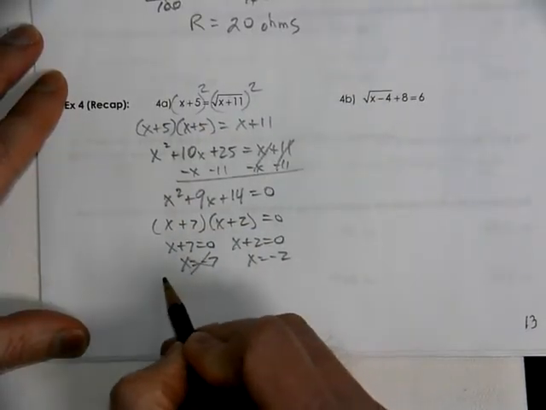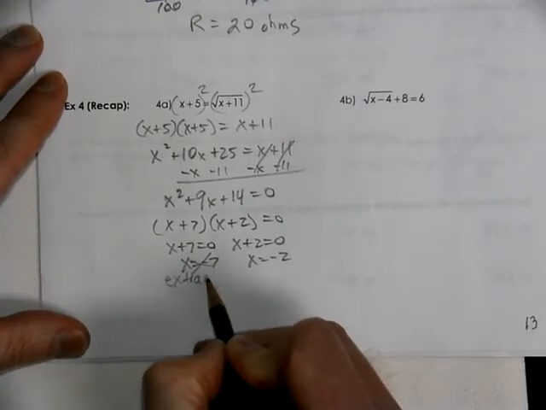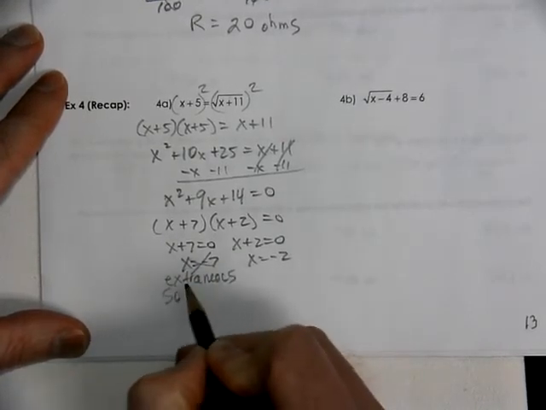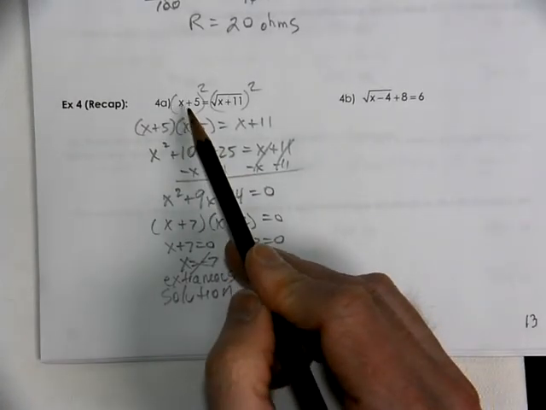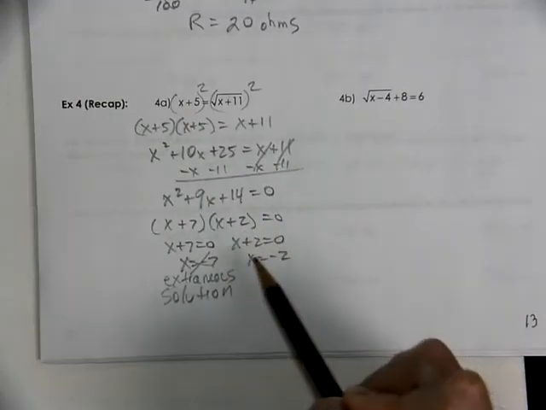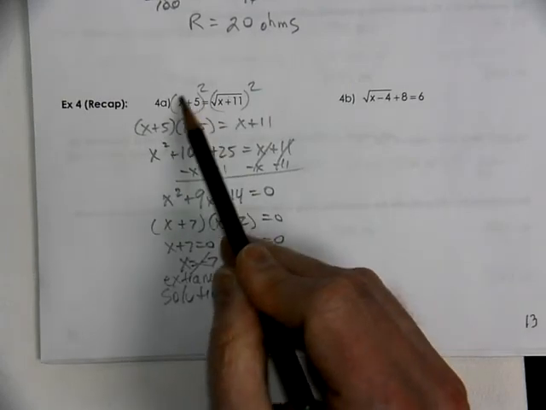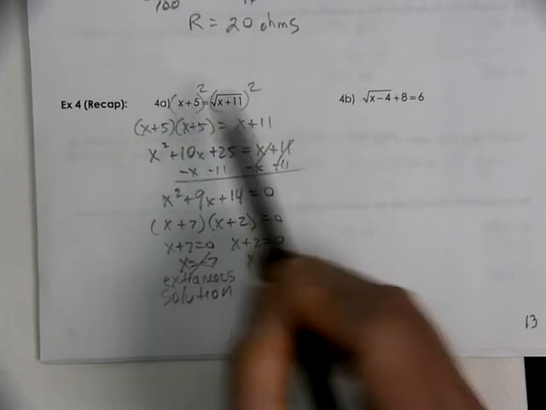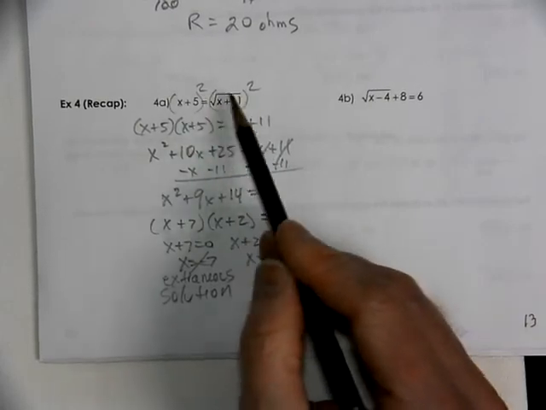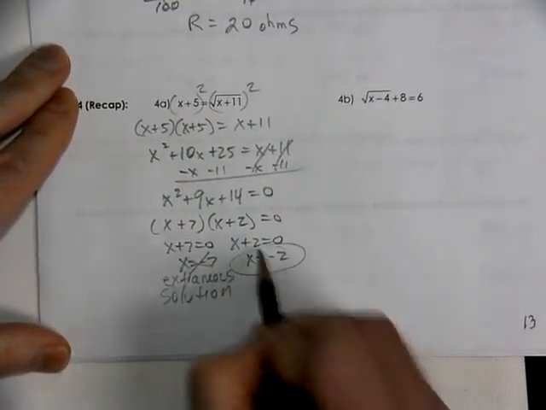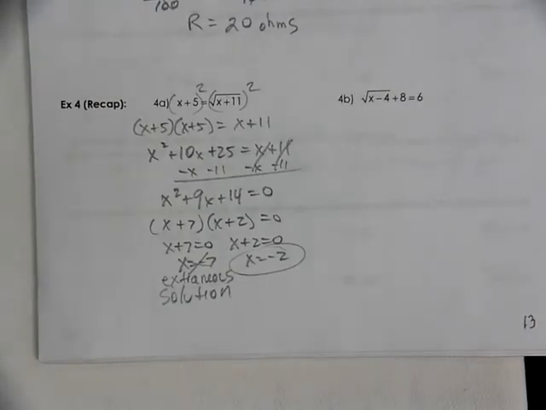So you know that this one is extraneous. When you plug in the negative 2, you have a larger plus 5. Negative 2 plus 5 is a positive 3. That's okay to have. Plug in the negative 2 under the radical and you get 9. Square root of 9 is 3, so that's why it matches. Negative 2 is your answer.